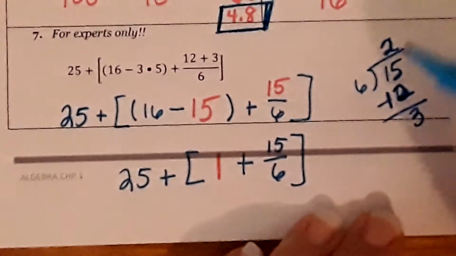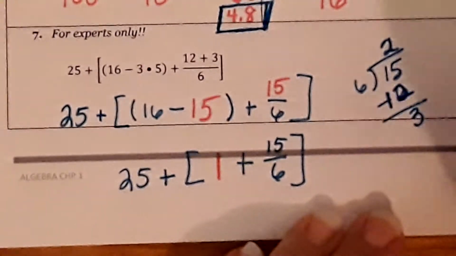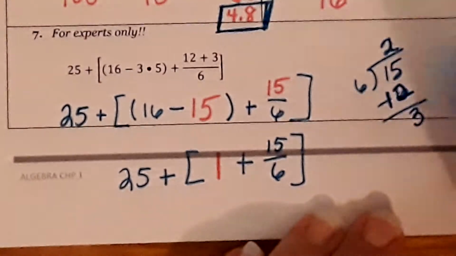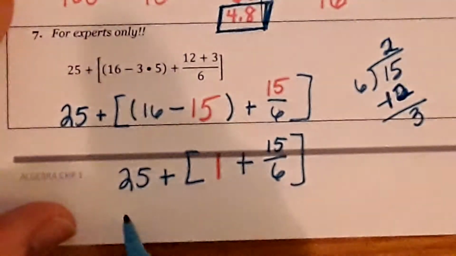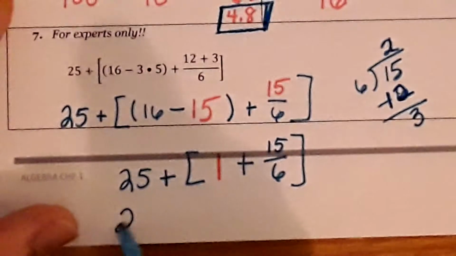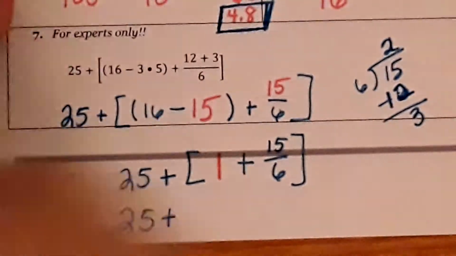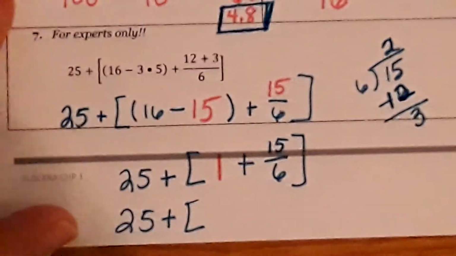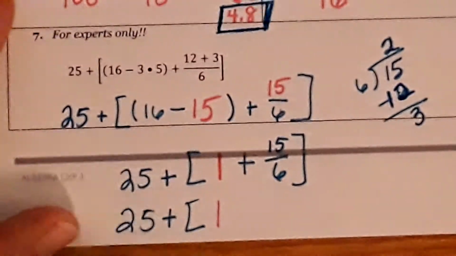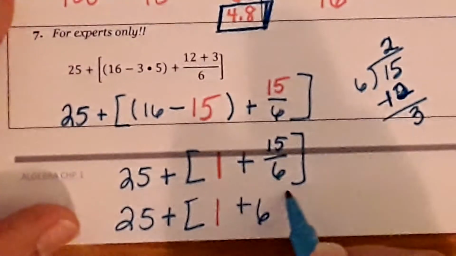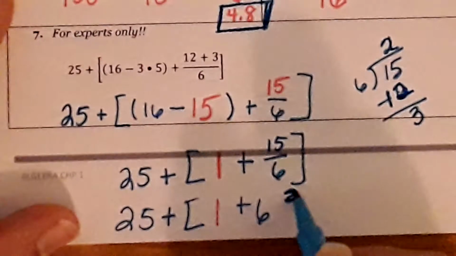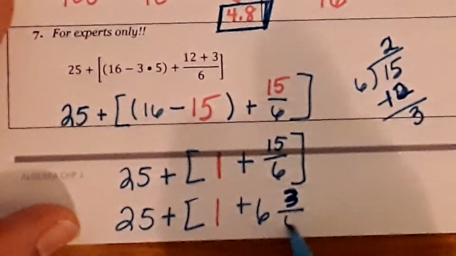I'm left with 3. 6 goes into 15 twice, because 2 times 6 is 12. I'm left with 3. So now I have 25 plus 1 plus 6 and 3/6.